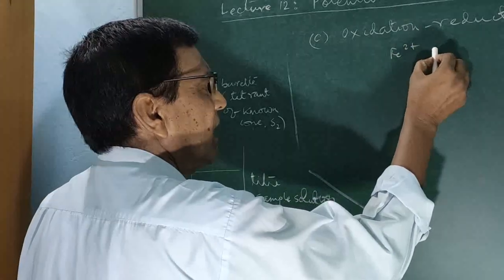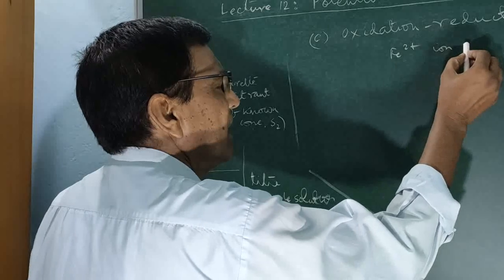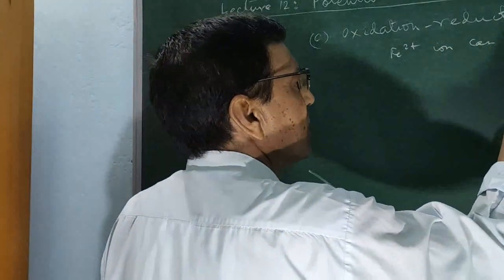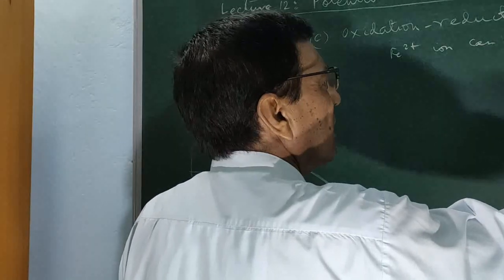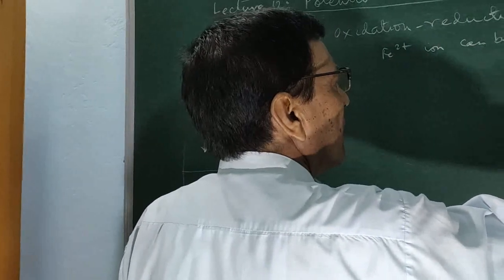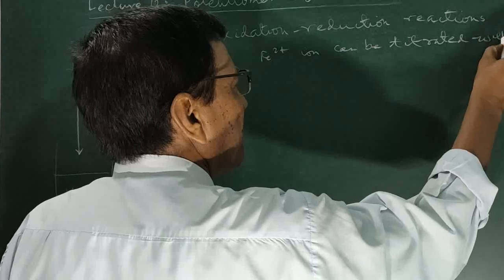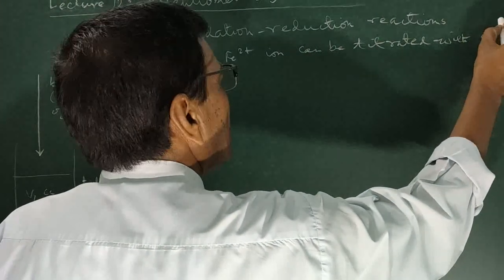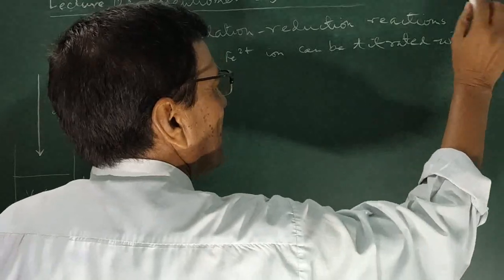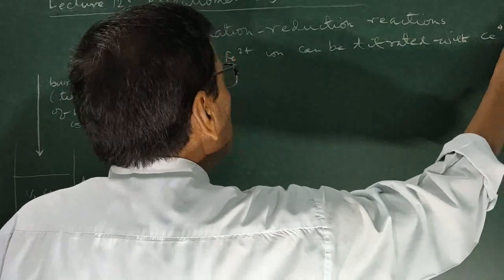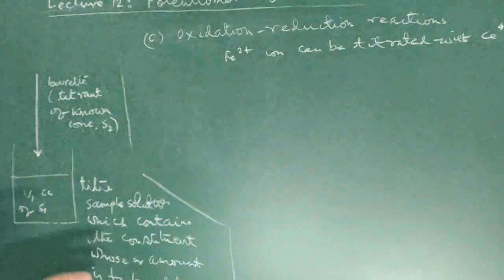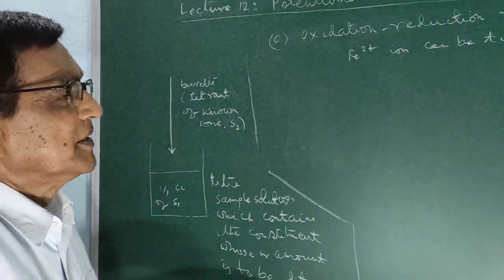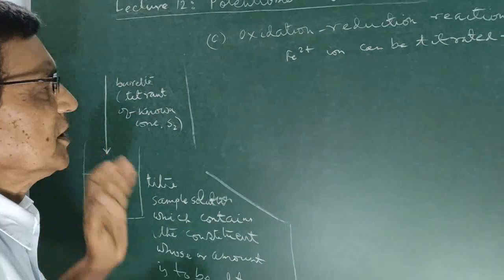And for example, say the ferrous sulfate can be titrated with ferric ion. That means ferrous sulfate I can take in this titer solution, and this ferric sulfate in this burette.